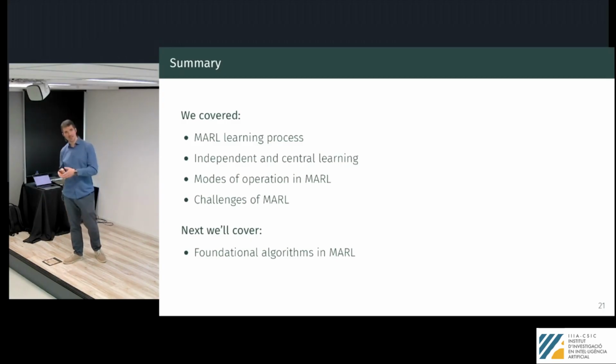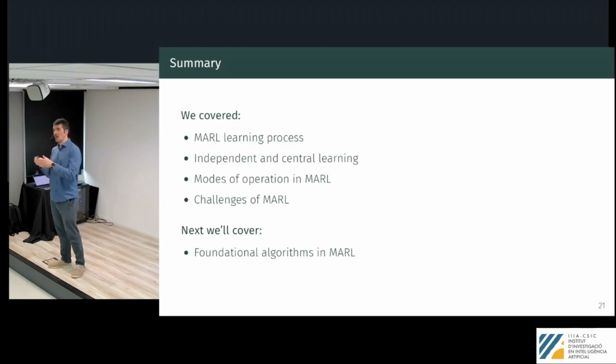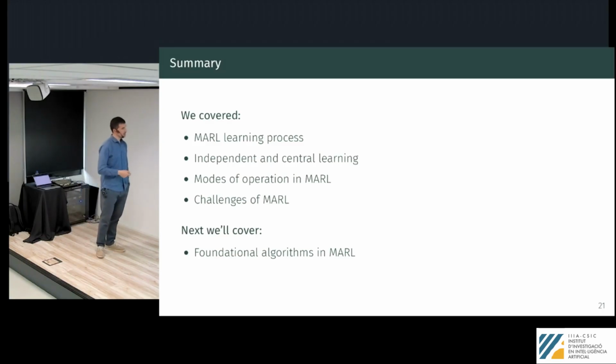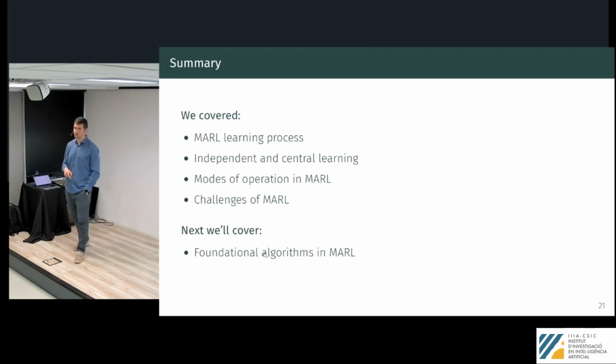And in the independent learning approach, we reduce the multi-agent problem to n single agent problems, where n is the number of agents, and then we apply off-the-shelf single agent RL algorithms. We looked at some different modes of operation in MARL and also some challenges in MARL that you can expect to see. In the next chapter, we will be looking at foundational algorithms in MARL, but we're not going to be doing this in the lecture this week.